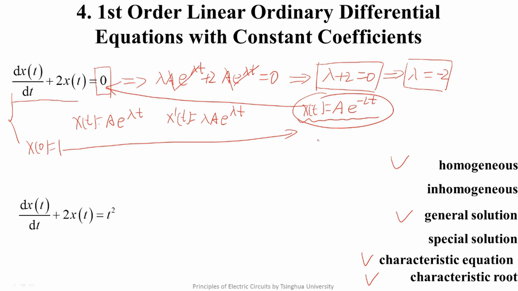Then we can get a is 1. So we got the solution of the first order linear equation with constant coefficients. Under such an initial condition, x(t) is e to the minus 2t.